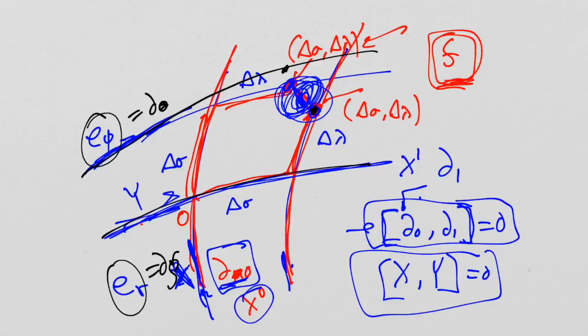And the answer is no. Well, actually, we didn't check that. But what I want to check is the commutator of partial r with 1 over r partial phi.